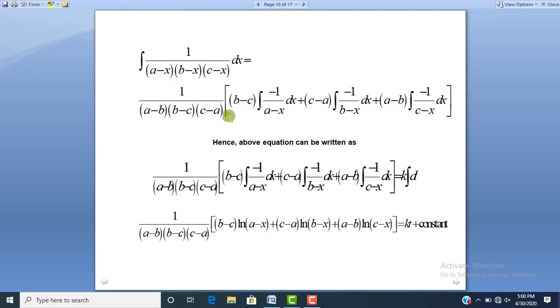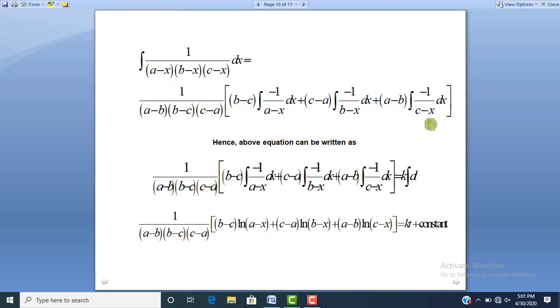a) into [(b minus c) integral minus dx over a minus x plus (c minus a) integral minus dx over b minus x plus (a minus b) integral minus dx over c minus x].